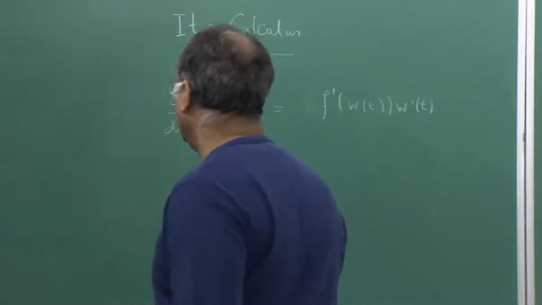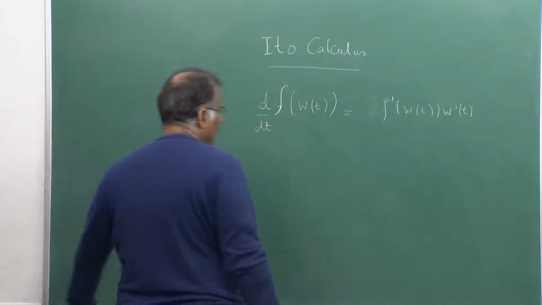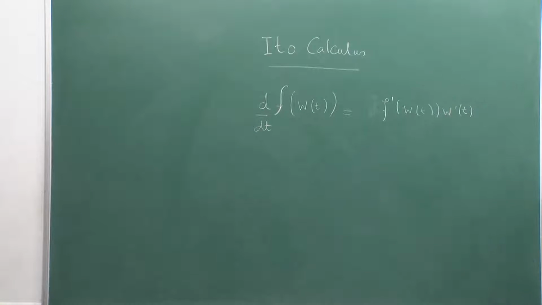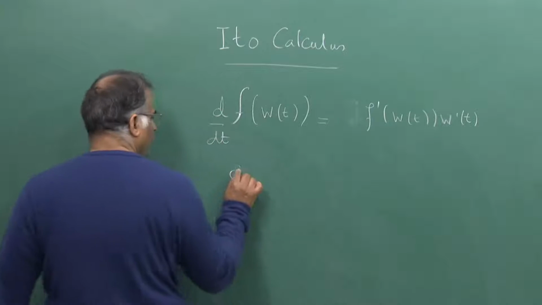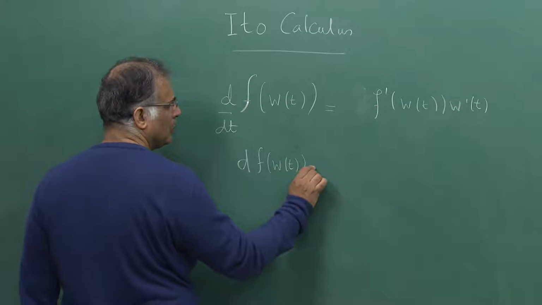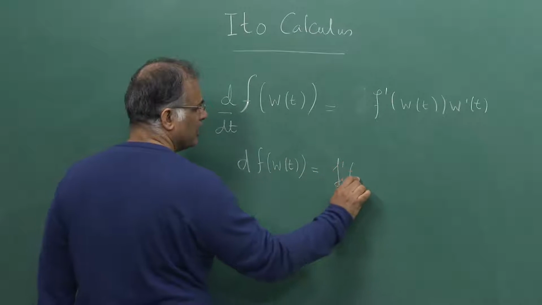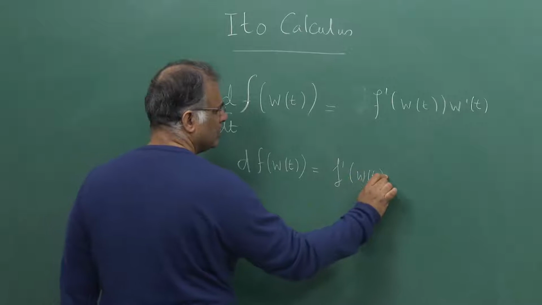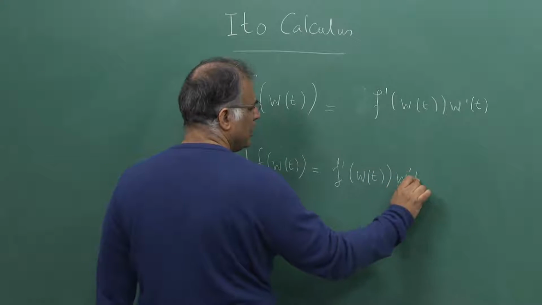Okay. Now you know that this is not really true, you cannot have W dash t. So you can write d of f(Wt) is f dash (Wt) into W dash t dt.